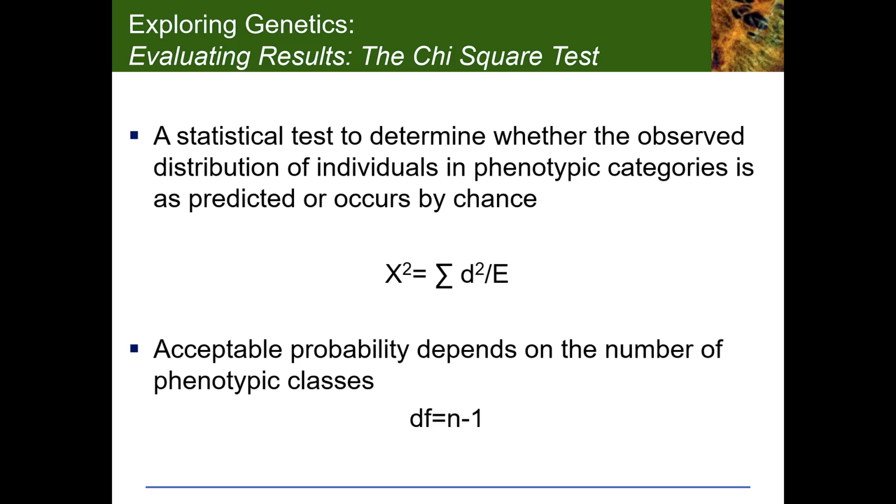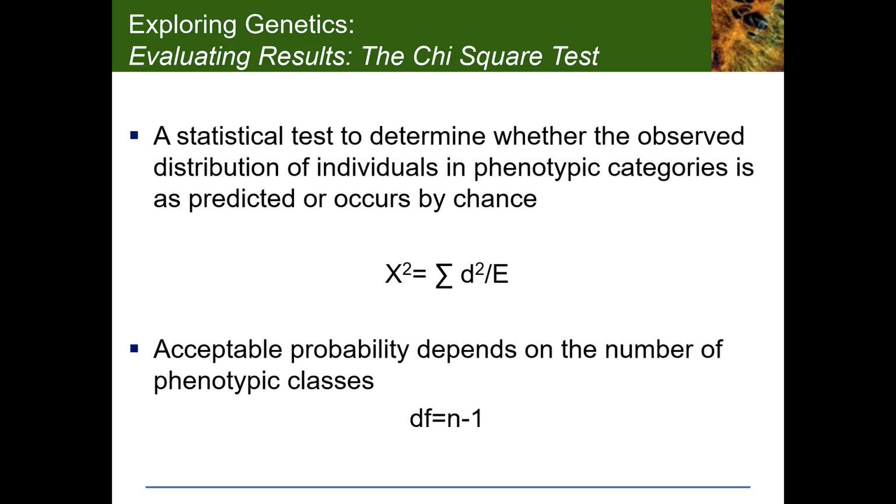Well, there's a simple test utilized pretty heavily in biology called the chi-square test. It is a statistical test to determine whether the observed distribution of individuals in phenotypic categories, in other words, the way they look, is as predicted, or if that just randomly happens. So, is what we are seeing the result of chance, or is what we are seeing the result of some actual instance occurring that's causing this?